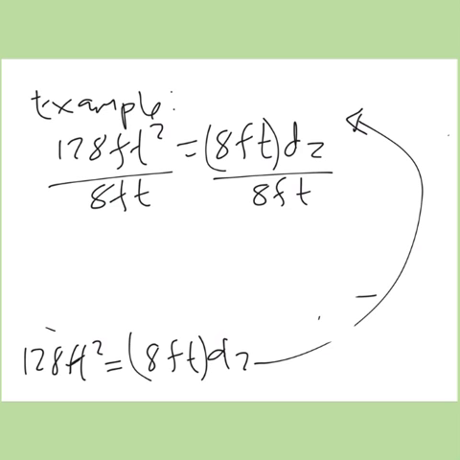So 128 feet squared divided by 8 feet is equal to 16 feet. And this is now the measure of the other diagonal of a rhombus having an area of 64 feet squared.